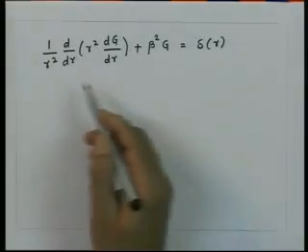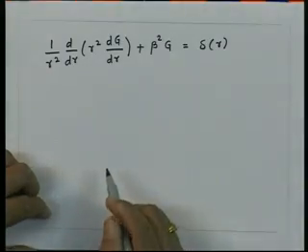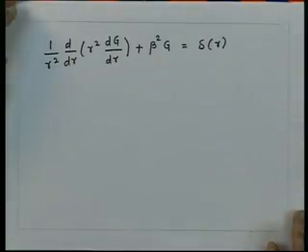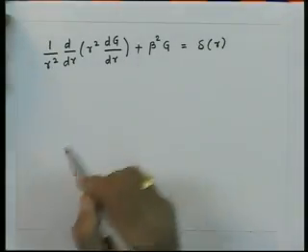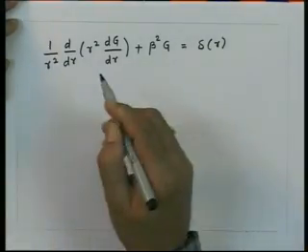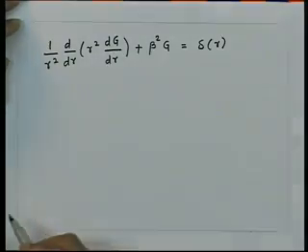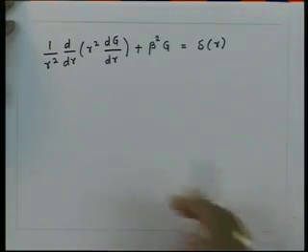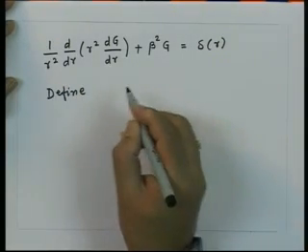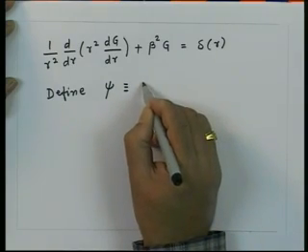We can expand this and get an equation in terms of g, where we will have a second derivative of g and so on. However, before we do that, we define another variable, let us say psi, which is r times g, and by doing this the derivative gets significantly simplified. So define psi equal to r times g.